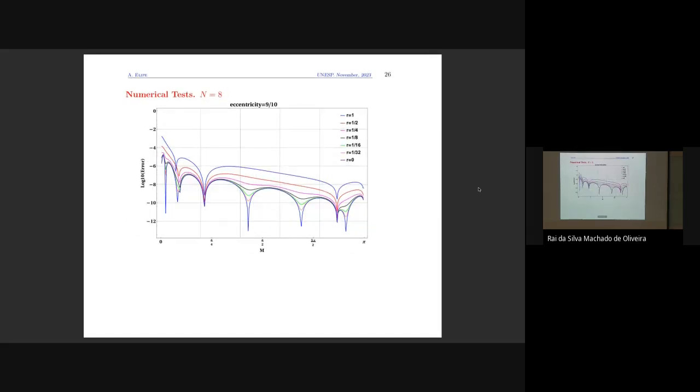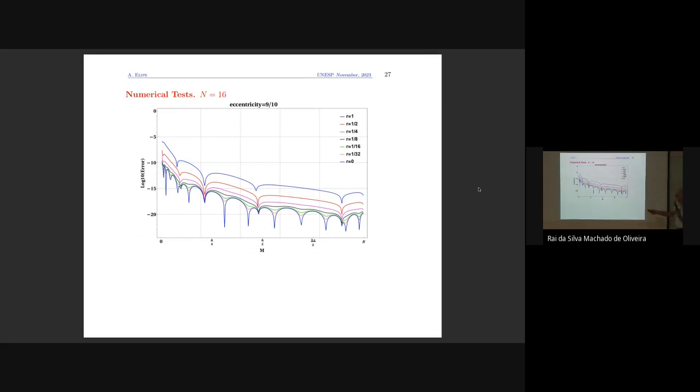The previous was in the composite trapezoidal rule, I think for n equal to 8 endpoints in the grid for computing the integral, the numerical quadrature. And this for 16, and we see the behavior is always the same. The smaller the parameter, the better result we have. But comparing with the other, with just 16 points instead of 8, we have 4, 5 more digits of precision.